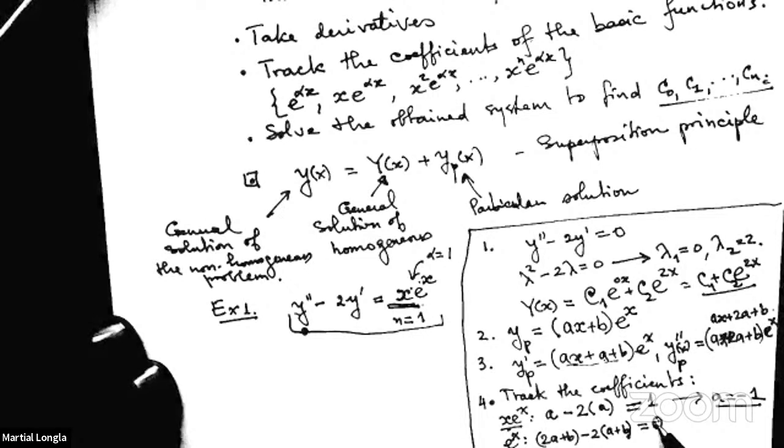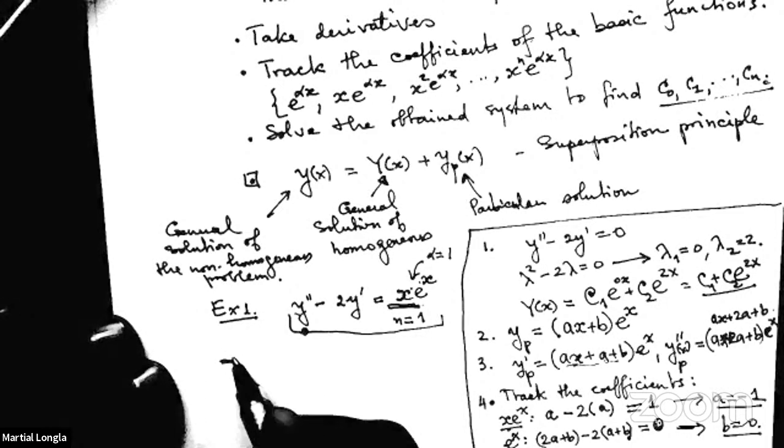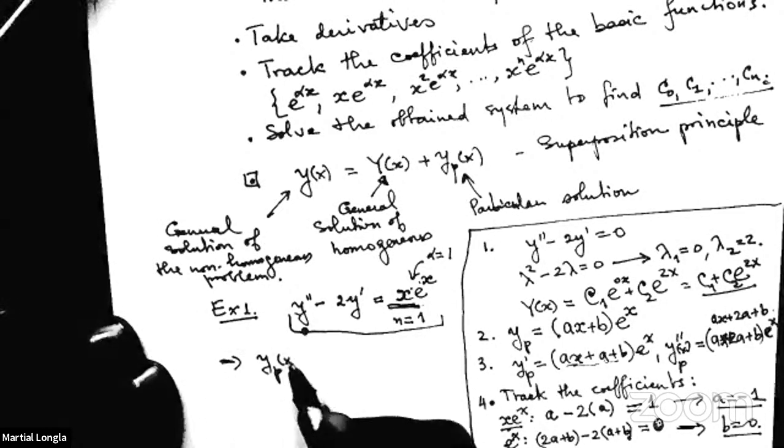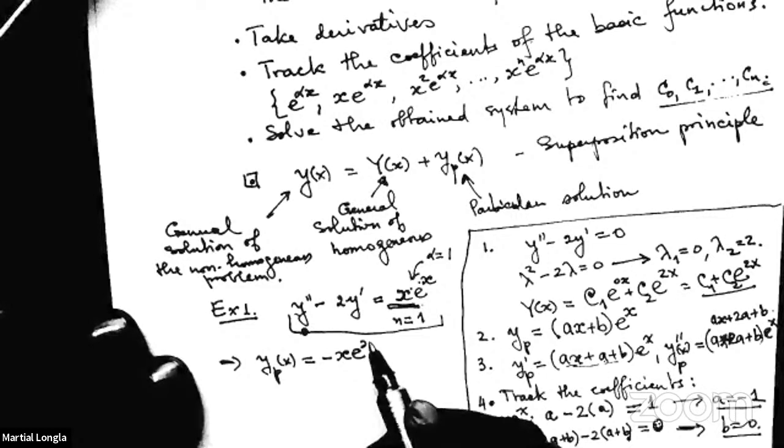And that's a smiling 0 because it knows that it is solving the problem. Now you can have here 2a minus 2a, they cancel. B minus 2b, you got b equals 0 when you solve this. So what you get is yp of x equals a -1, b 0, so minus x e to the x.